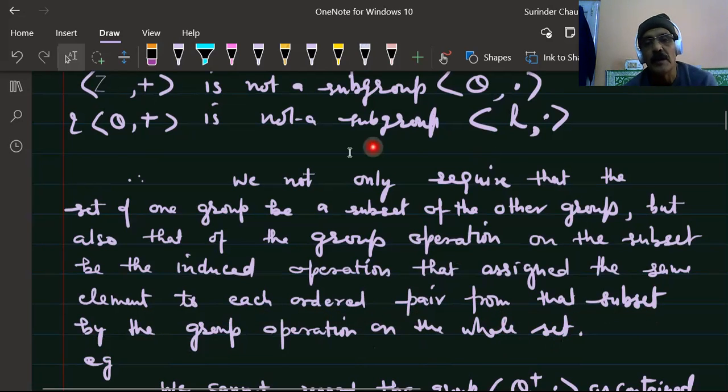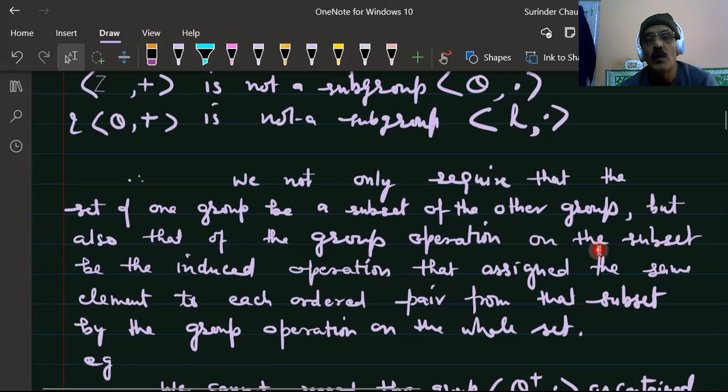Let us understand this. We not only require that the set of one group be a subset of the other group, but also that the group operation on the subset be the induced operation, the same operation.